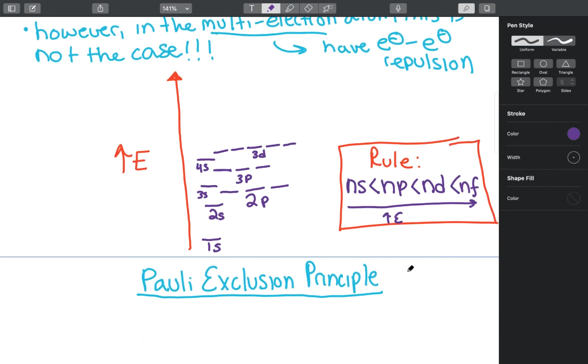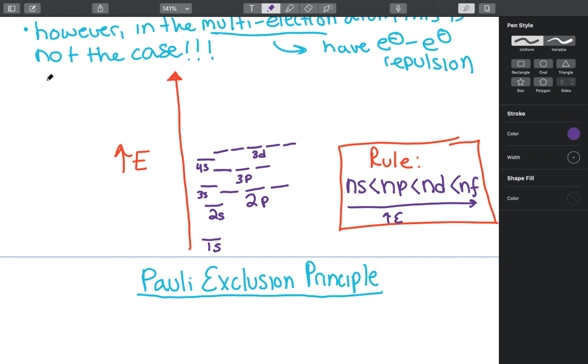So if we look at this little energy diagram here, you'll see that there are some similarities with the hydrogen atom, or the one-electron energy diagram. And you'll notice that orbitals within the same subshell are still degenerate. So all the 2p orbitals are degenerate with each other. All the 3p orbitals are degenerate with each other. All the 3d orbitals are degenerate with each other.